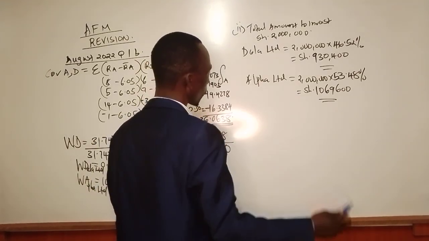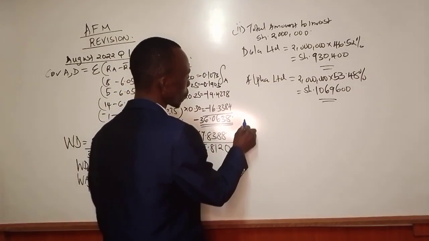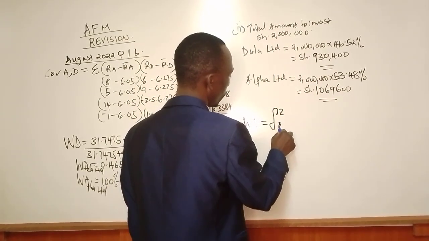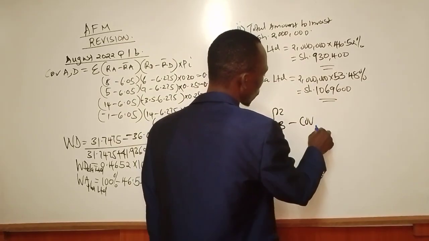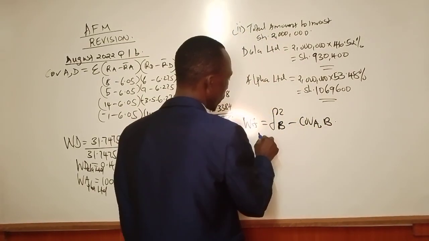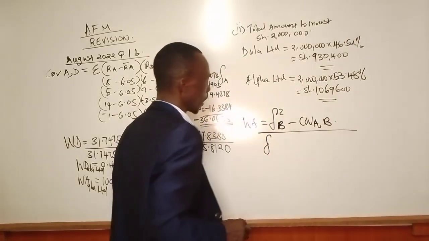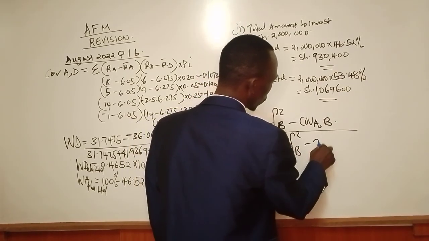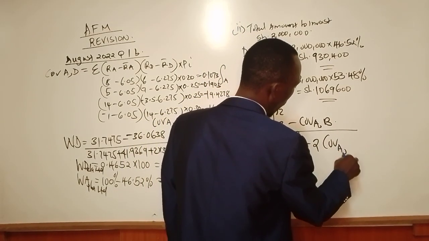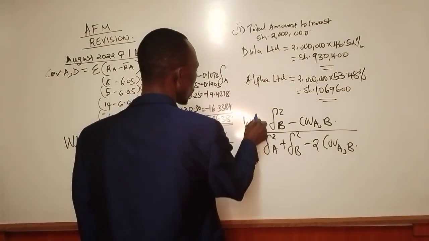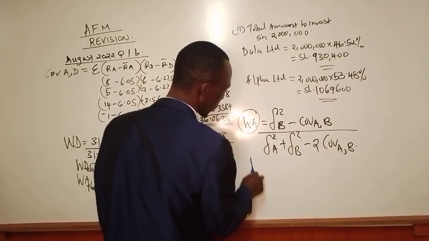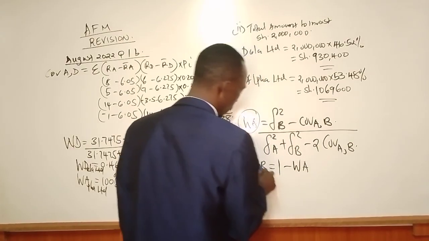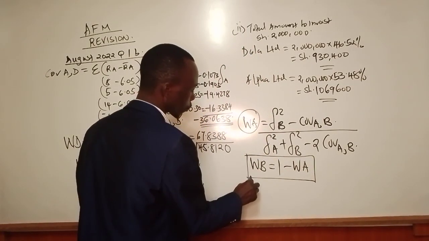If you need the weight, for example, you had stock A and B, the weight of A will be given by the variance of B, then minus the covariance of A and B. Then you divide by the variance of A, then you add the variance of B, then you minus 2 covariance of A and B. So once you get the weight of A, now you can get the weight of B. The weight of B will be given by 1 minus weight of A. That is what you are supposed to remember.